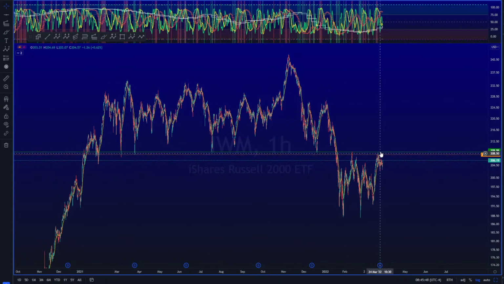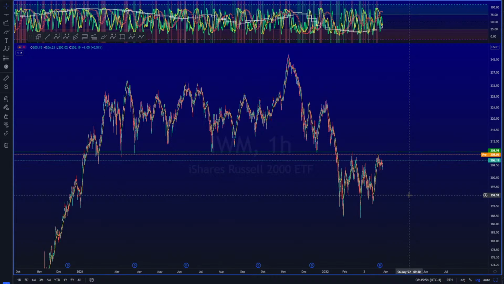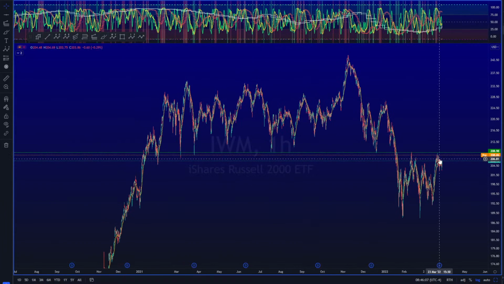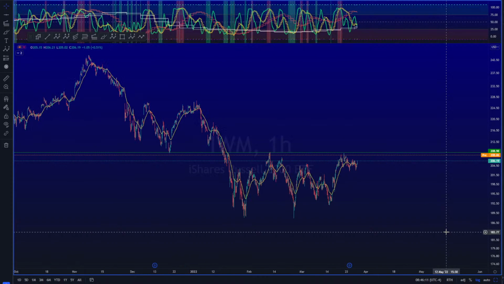But if we do push through that, and if we can close, say, a daily above 209, that is extremely bullish if that's actually what's going to be happening here. All right, so let's go ahead and zoom in a little bit now that we have established our basis for why 209 is so darn important.